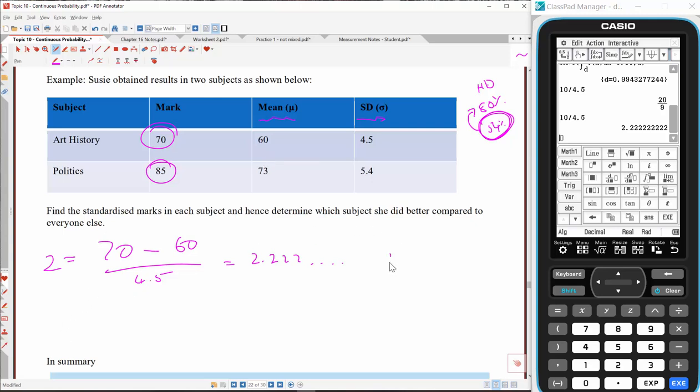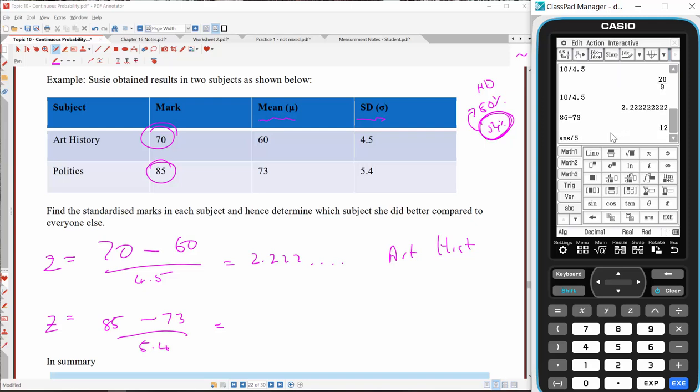So this is how she went in art history, old paintings and stuff. Now Pol, not easy by any stretch: 85 take away 73 over 5.4. So we work out our Z-score: 85 take away 73, evaluate that over 5.4. And her Z-score is, oh my goodness, exactly the same.